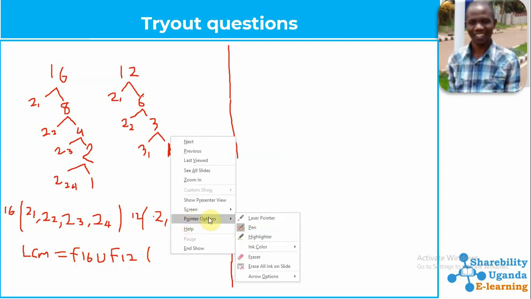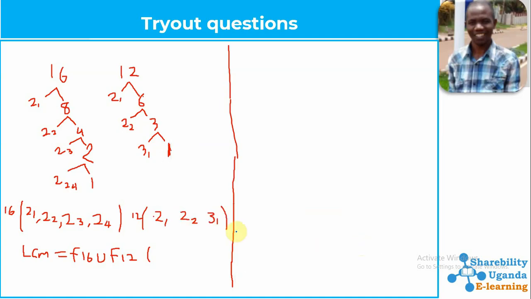Here now we can arrange them very well. Let's arrange them. We have our 2 here, and our 2 here, our 3 here, our 2 here appearing for that. Then we also have this, then we also have this, then we also have this. So what do we do here?